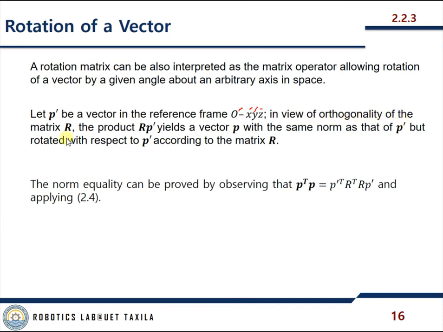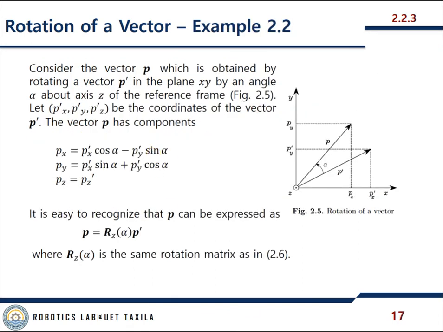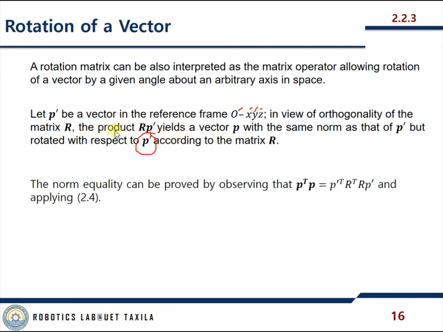In view of orthogonality of the matrix R, the product R p dash yields a vector p with the same norm as that of p dash, but rotated with respect to p bar according to the matrix R. The norm equality can be proved by observing that p transpose p is equal to p bar transpose R p dash, and applying 2.4.